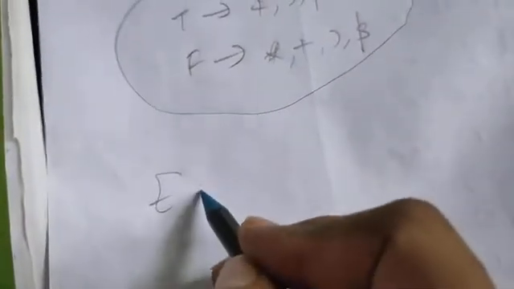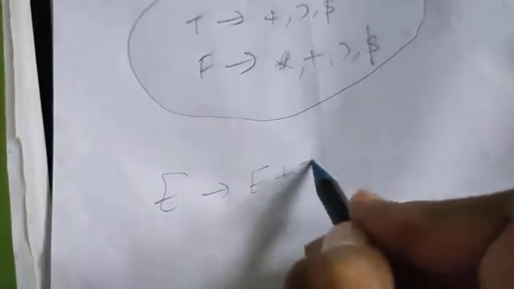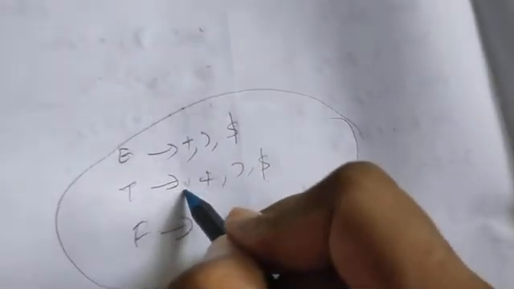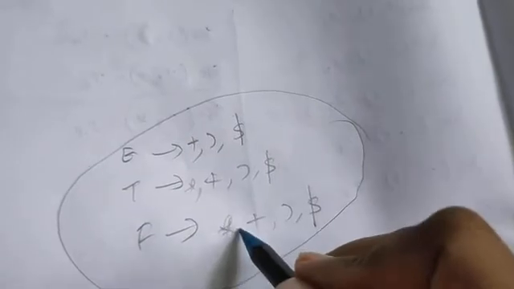For that reason, if you construct first and follow for this grammar directly, with E tends to E plus T slash T, T tends to T star F slash F, and F tends to open braces E close braces slash ID, you will get the follows like this: plus, star, like this.